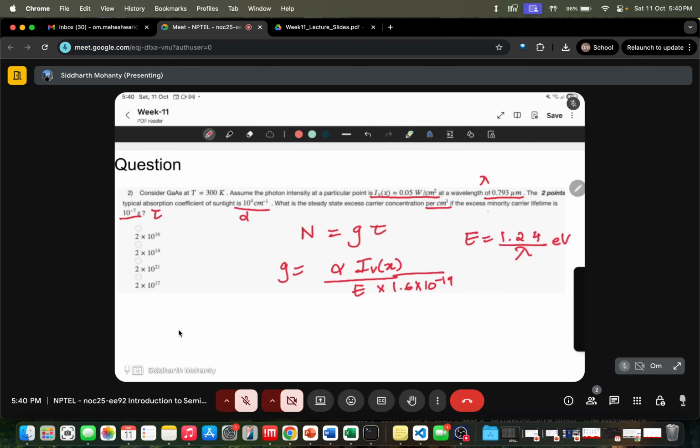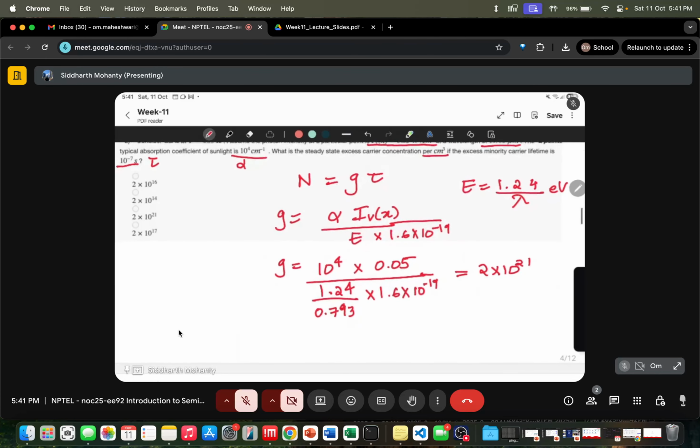So lambda is 0.793. If you substitute this, alpha is 10 to the power 4, intensity is 0.05, divided by 1.24 by 0.793 into 1.6 into 10 to the power minus 19. What you get is 2 into 10 to the power 21. So this is the generation rate.